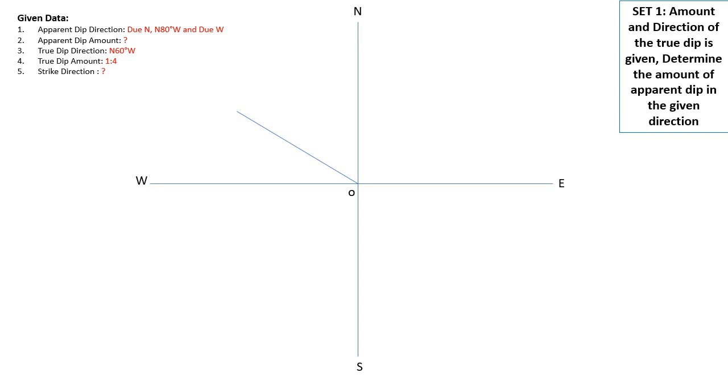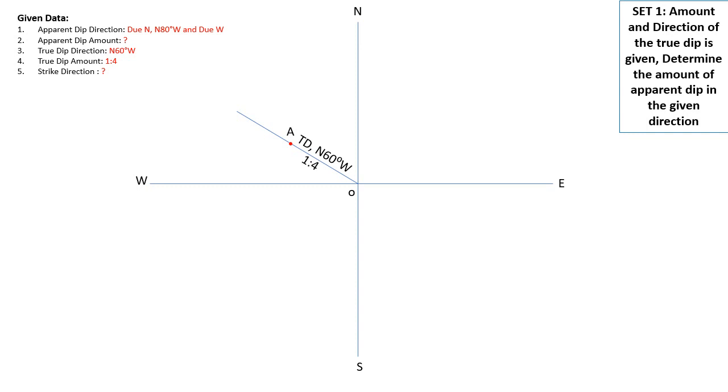Now what is the amount? 1:4. So we will take the distance OA, that is 4 centimeter, and name that point A. The true dip amount along north 60 degree west is 1:4, so here I have marked 4 centimeter.